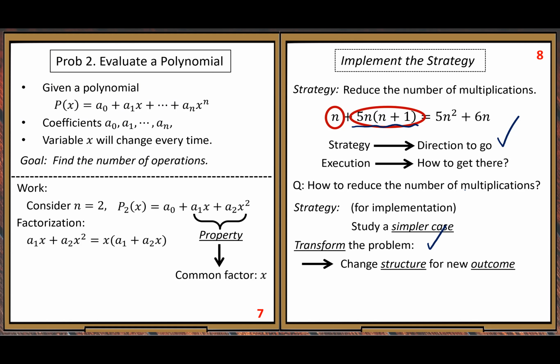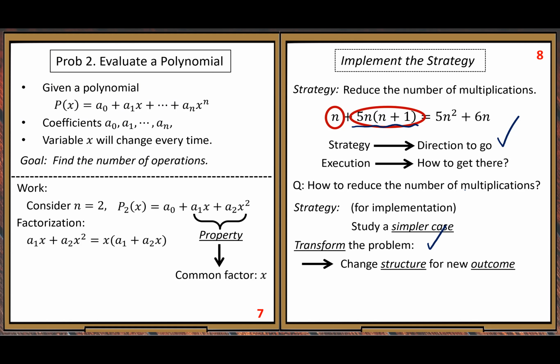In this equality, the two sides have the same value. We do not change the value, but they have different mathematical structures. Left-hand side, when we count the number of multiplications in the left hand, how many multiplications?